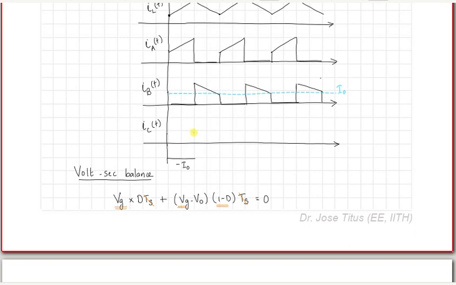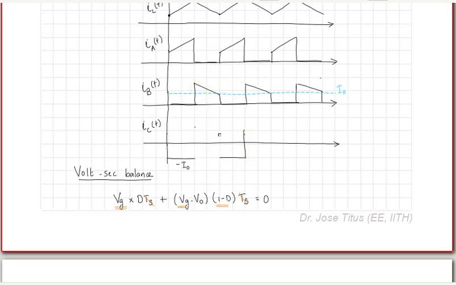So you get a waveform which would look something like this. This is the inductor current shifted down by the average value.